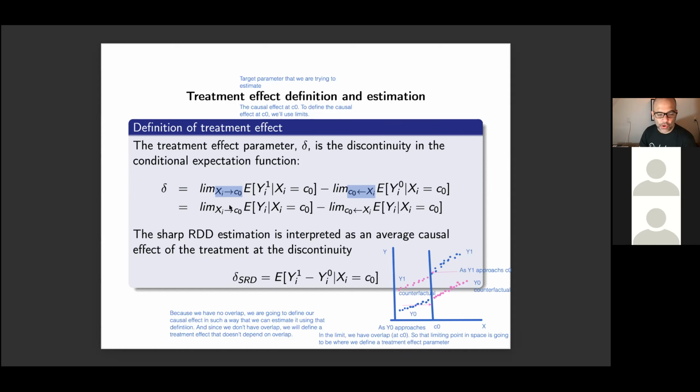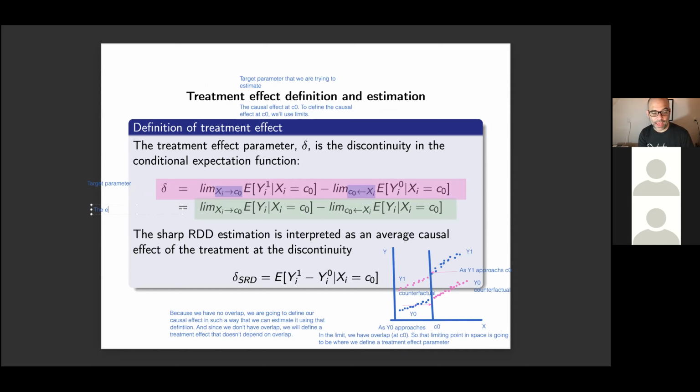So this here is the parameter, the target parameter. And then this here will be the data.